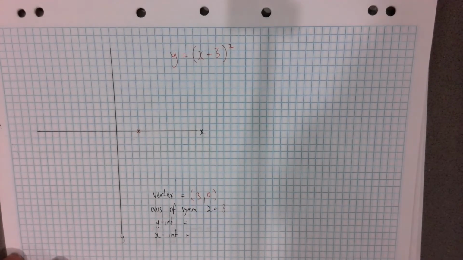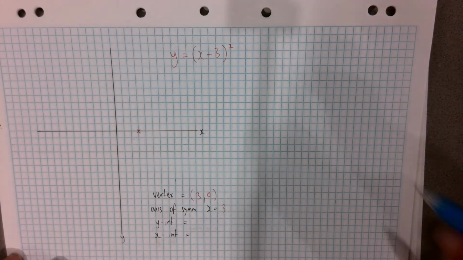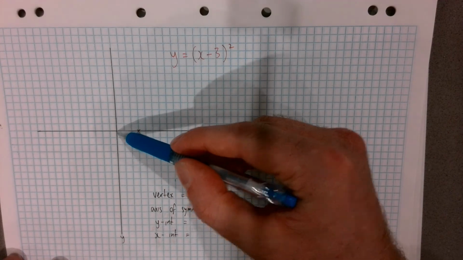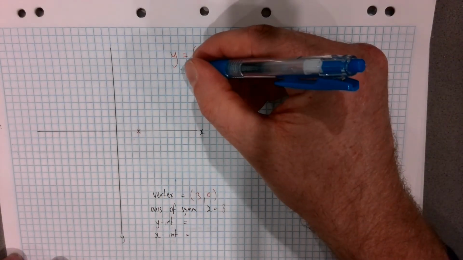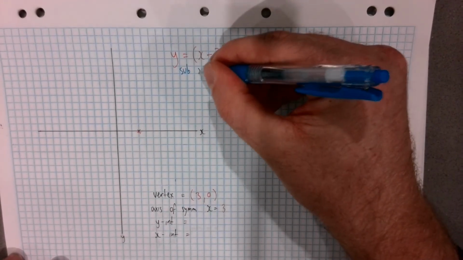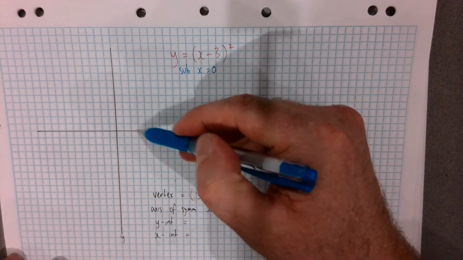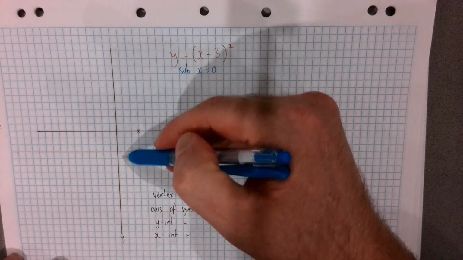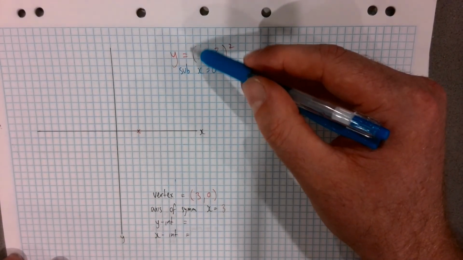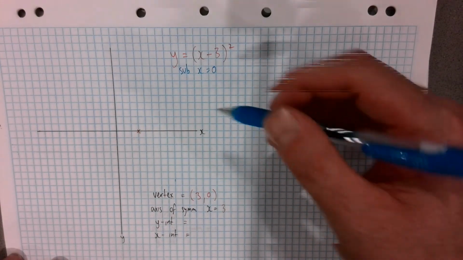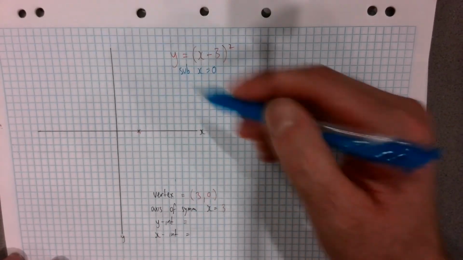So what we need to do is to substitute the value of x being 0 to work out where it crosses the y-intercept. And again, there is no value of a here. We assume it's a 1. It's a positive 1 because there's no negative sign. So we know it's opening upwards.